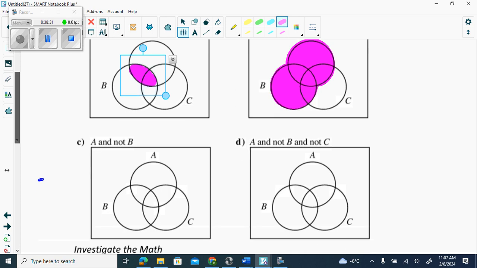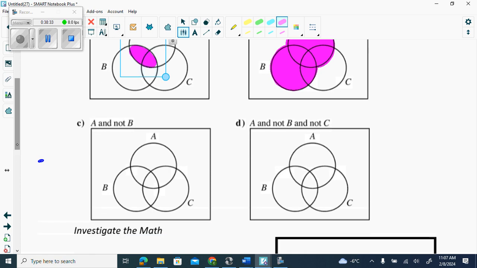The next one. I want A, but not B. That's going to be a small area because it has an and in between, correct? If it has an and, you have a small shading. Or more. Like the word more has or in it. Or more. More shading. And small shading. Okay? So I want what's in A, but not in B. So watch.